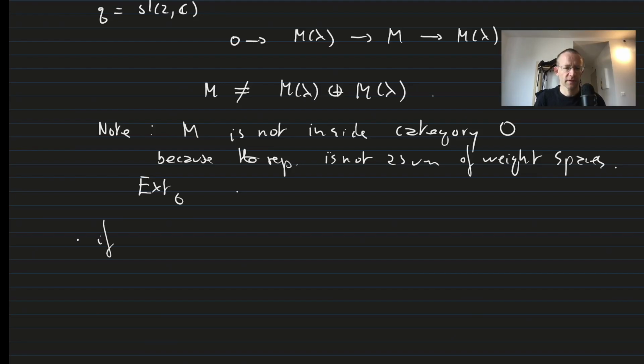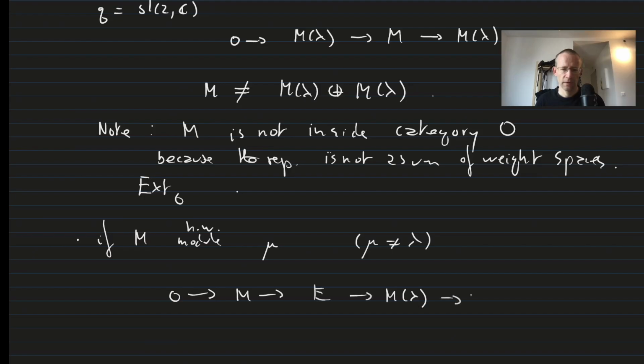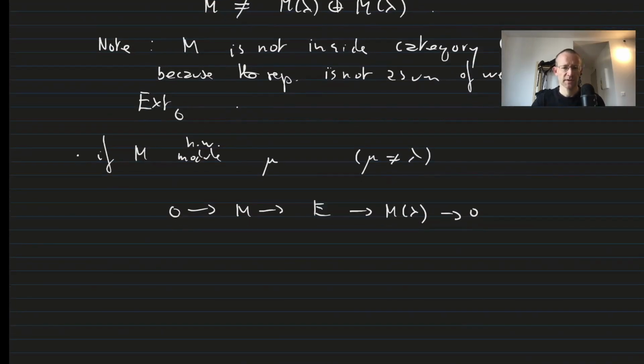Firstly, if M is a highest weight module of highest weight mu, where mu is different from lambda, then if one has an extension like this by M lambda, then this will automatically split because E lambda inside E, which is the pre-image of the highest weight vector of M lambda, will automatically generate an M lambda module inside E, which is isomorphic to the last one, and this will split the sequence.